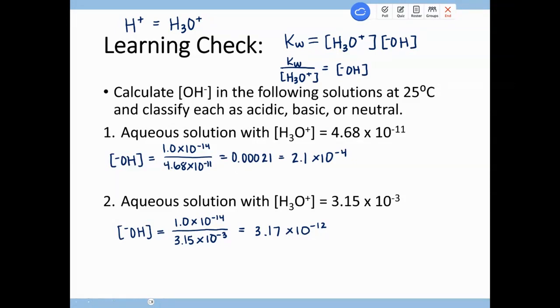Higher OH minus means basic solution. So this is a basic solution, because the concentration of OH minus is higher than the concentration of H3O plus.